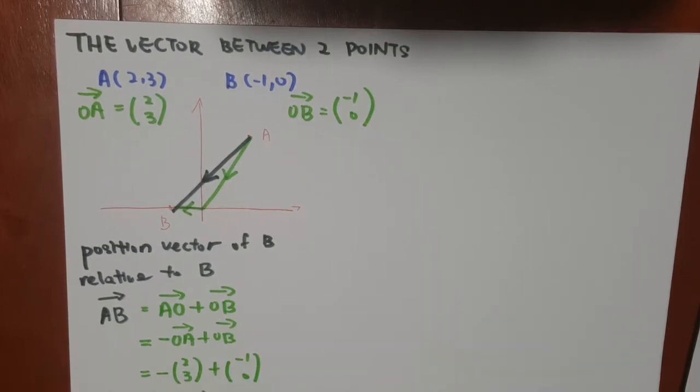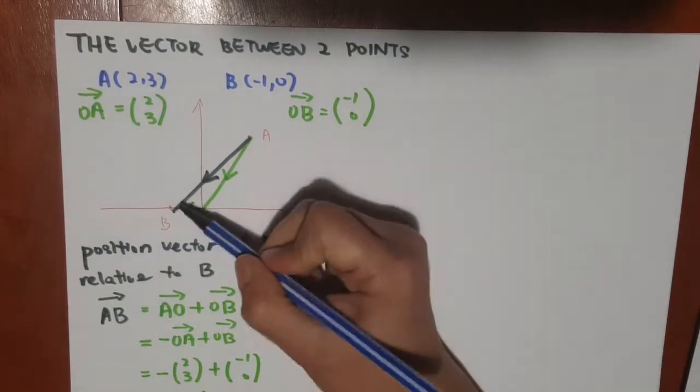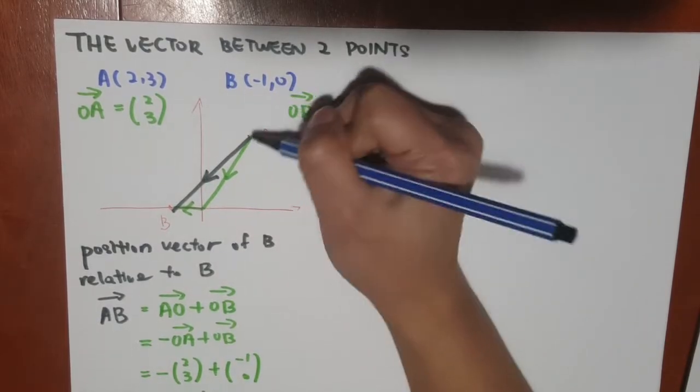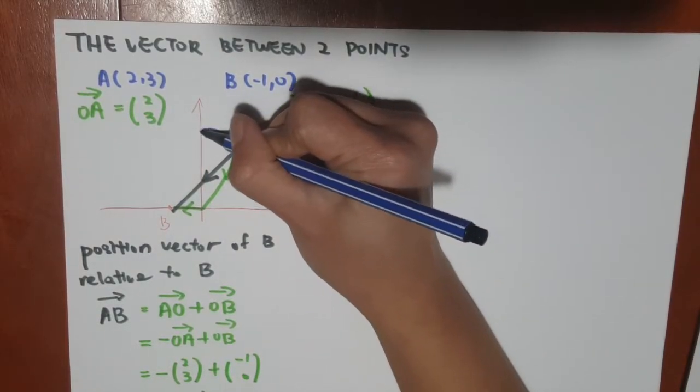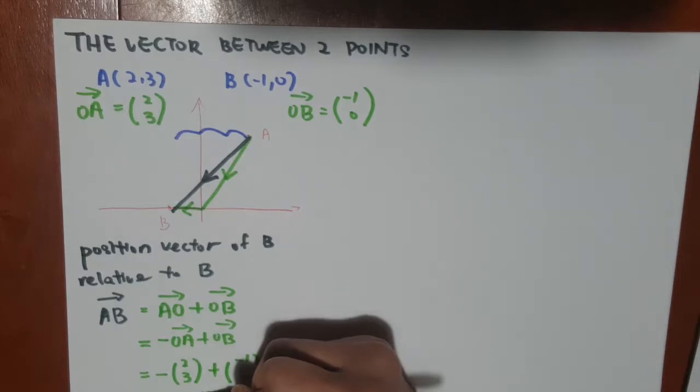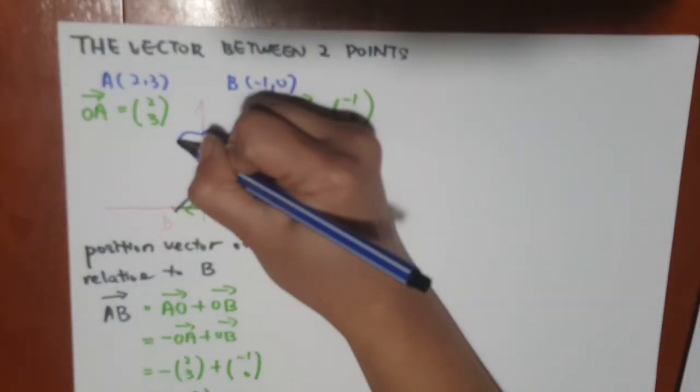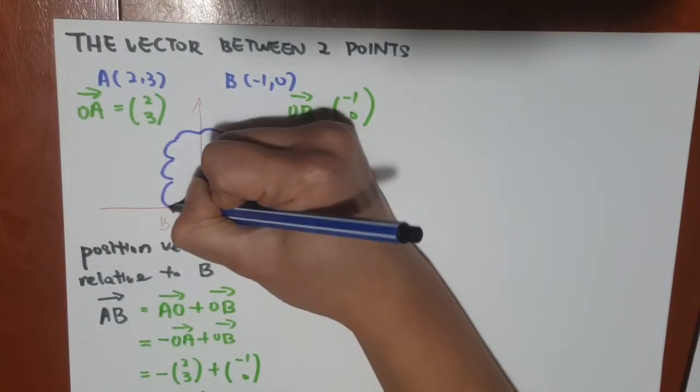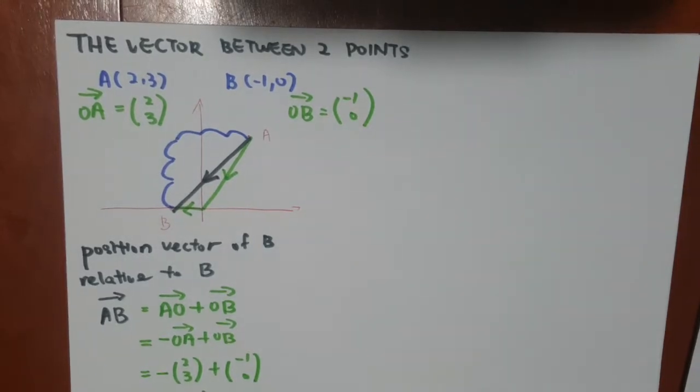This means our resultant vector is (-3, -3), which means going 3 units to the left because that's -3 here, and 3 units down because it's -3 here.